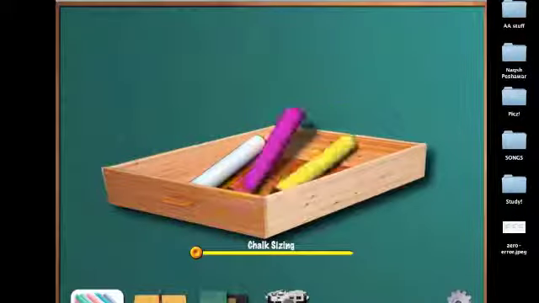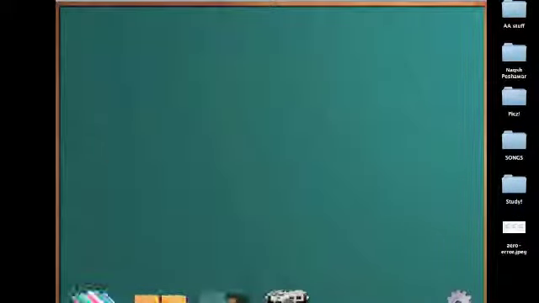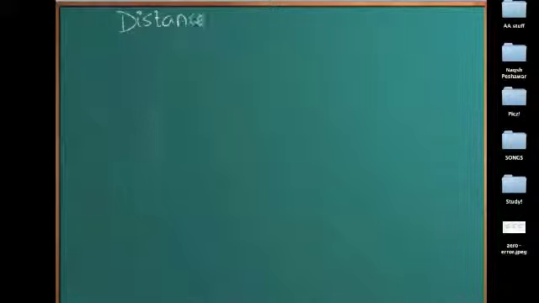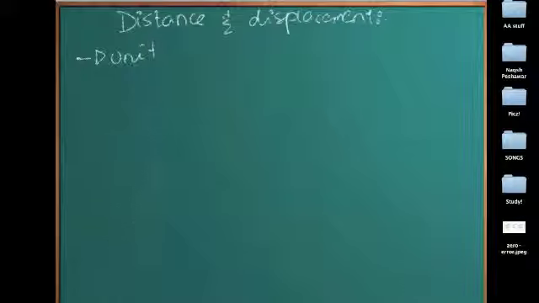Let's look at each one separately. First of all, distance and displacement. You know these are essentially the same things by now. The SI unit would be meters, but they can be expressed in kilometers, miles, centimeters and anything. Now let me take an example.